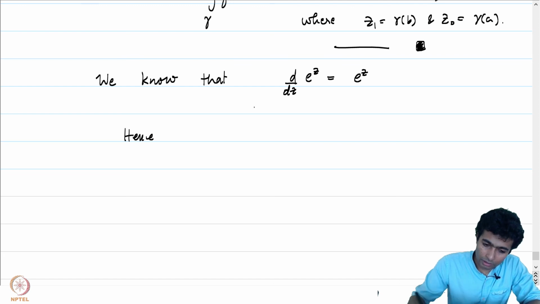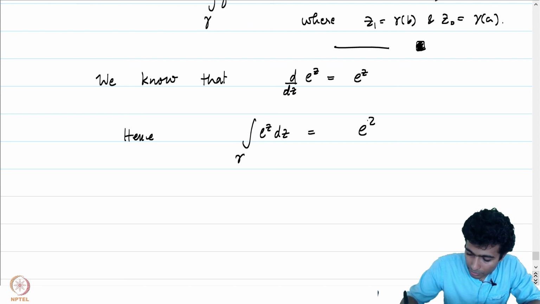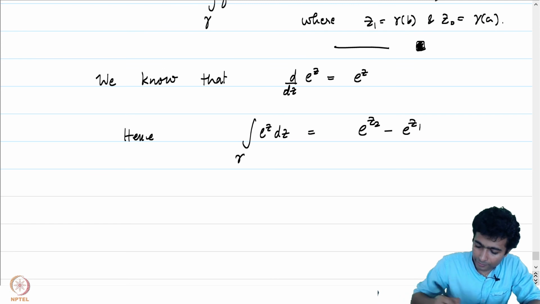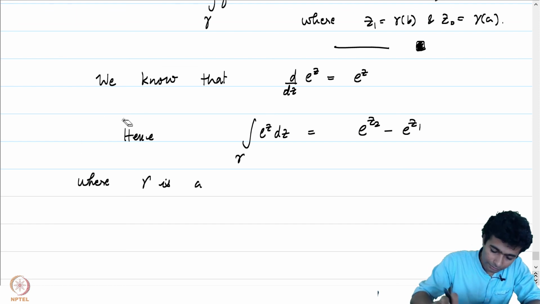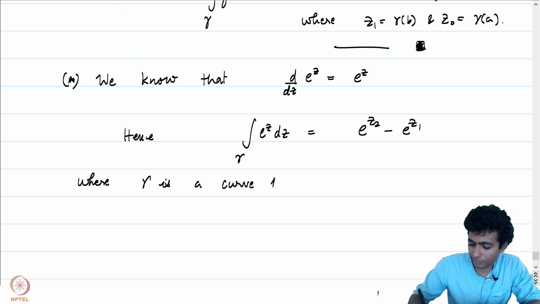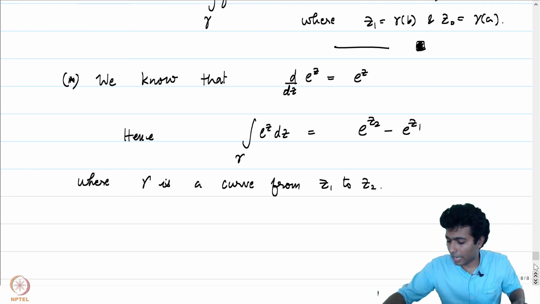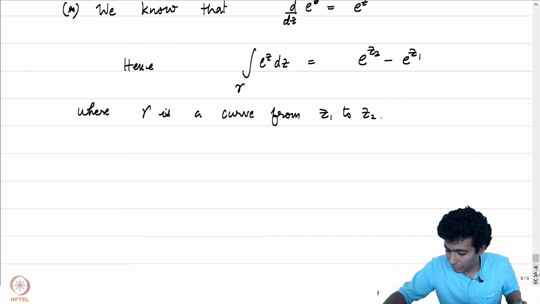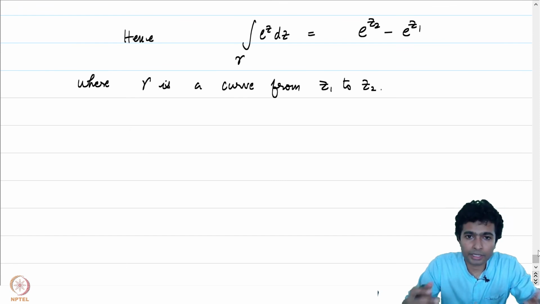Hence, the integral of e to the power z dz over any curve gamma is just going to be equal to e to the power z2 minus e to the power z1, where gamma is a curve from z1 to z2. So I am being a little casual by saying that it is a curve from z1 to z2. It means that it is a rectifiable curve with initial point z1 and the terminal point z2.